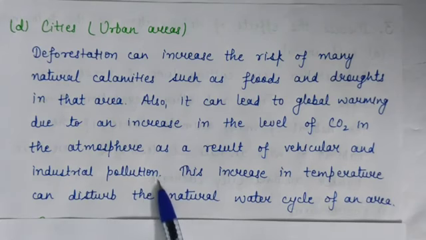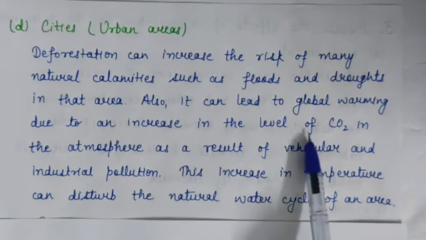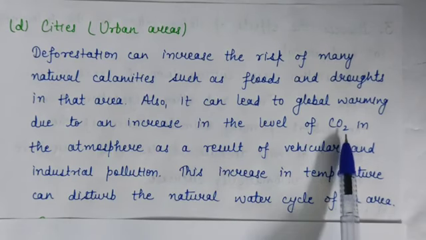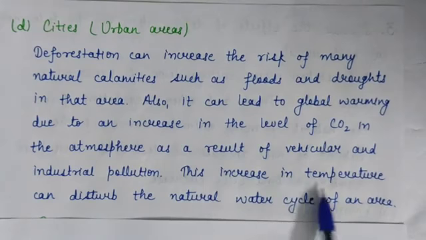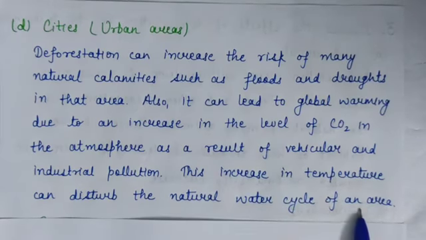Means this will increase the level of CO2 which is released from many industries, and this increase in the temperature can disturb the natural water cycle of an area. So deforestation also affects the urban area.